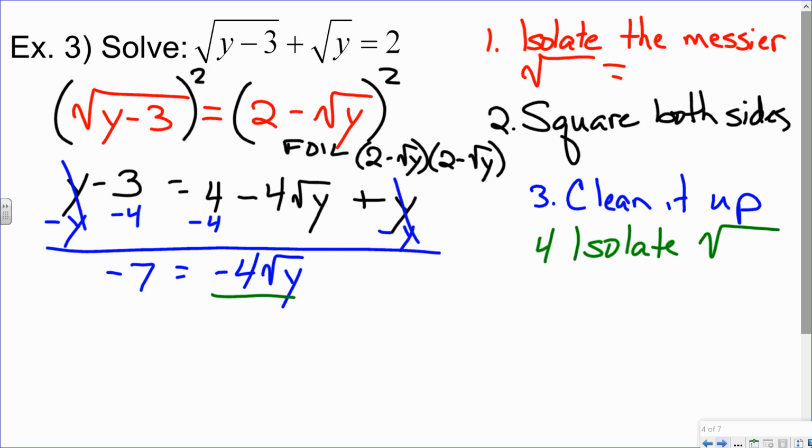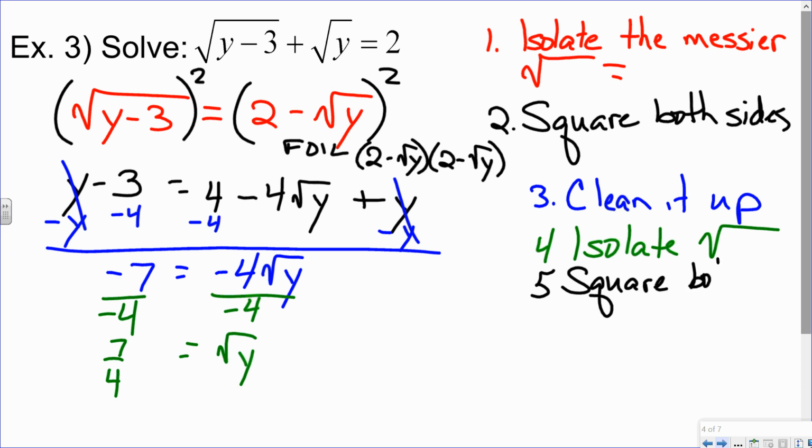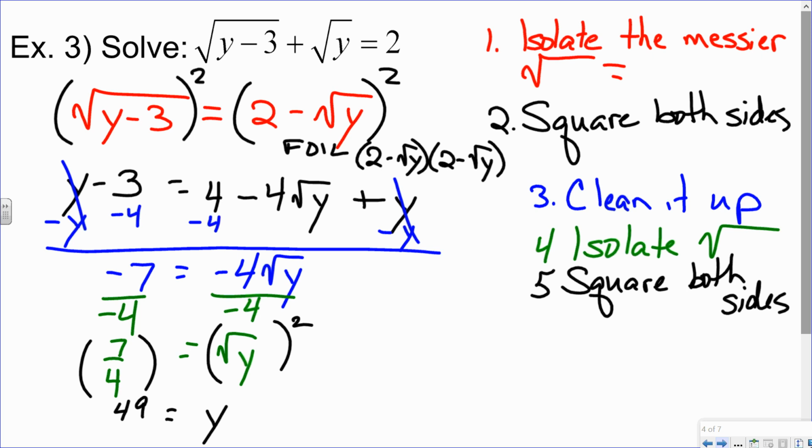So if we divide both sides by -4, we have that root y is 7/4, and then let's square both sides again. So if we do that, we have that y is 49/16.